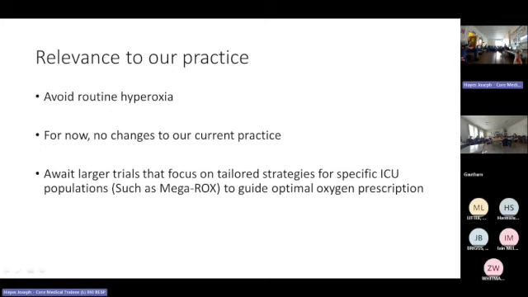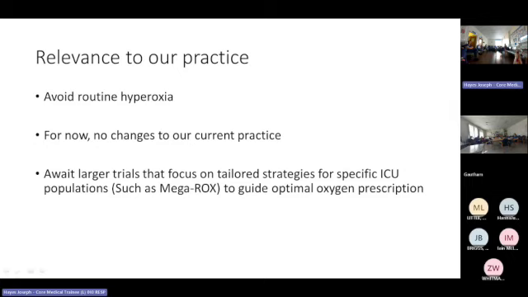If there was a very large sample size, we might prove more reliably that there is a mortality benefit to having oxygen saturations of 88 to 92%.